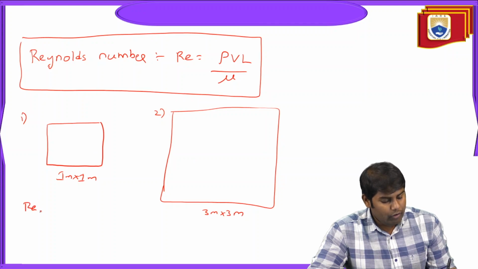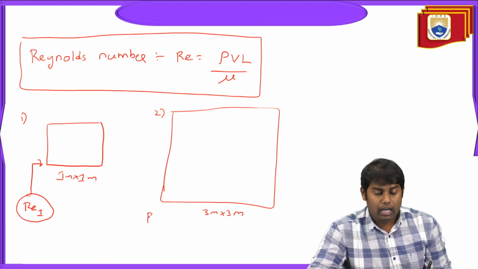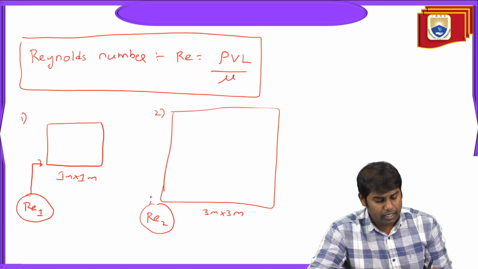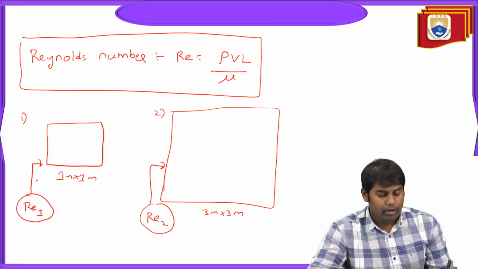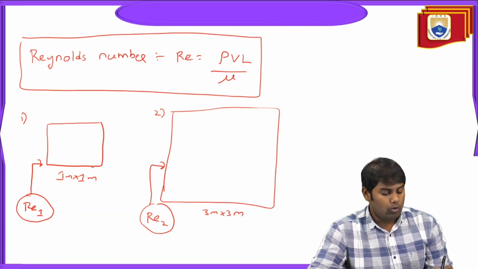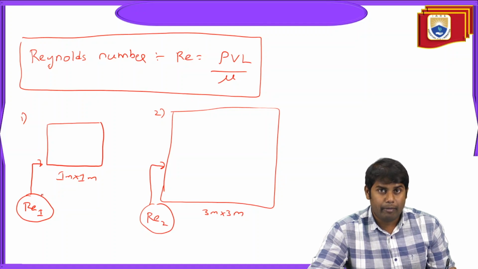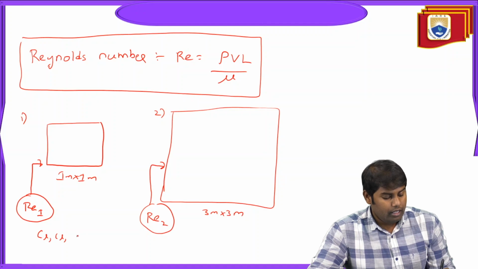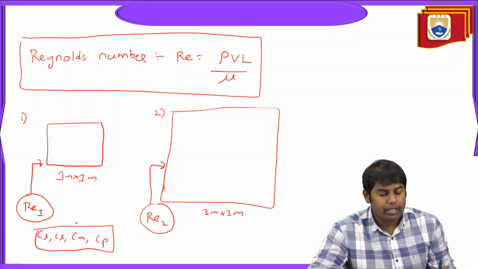Re1 is the Reynolds number of the first geometry, and Re2 is the Reynolds number of the second geometry. The shape is the same, a square flat plate. When the Reynolds number is the same for both geometries, then the results of CL, CD, CM and CP can all be related.